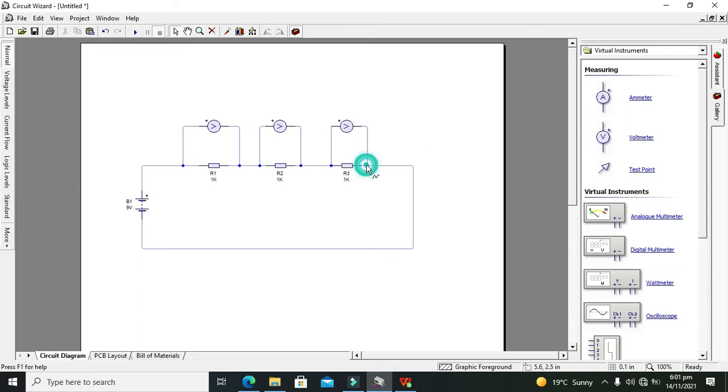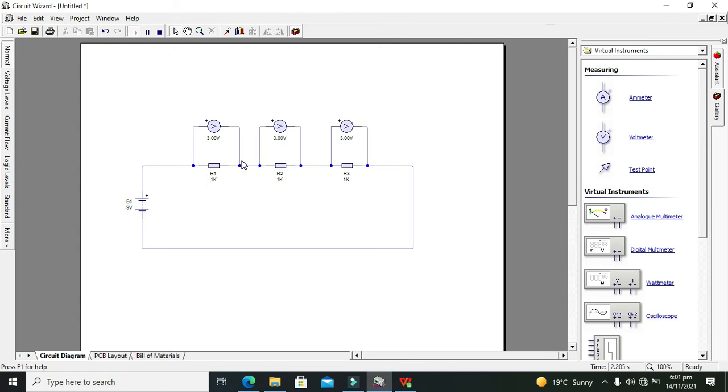And if you want to measure the current, then place an ammeter in series. But if you want to measure the voltage across any component, then you have to connect them like this, that is, the parallel connection.